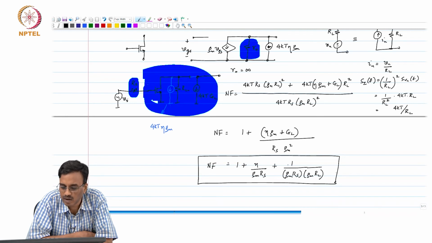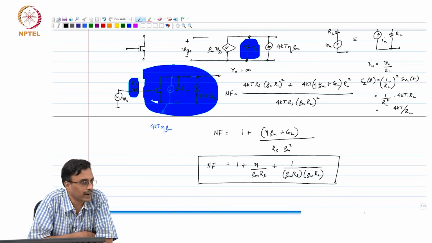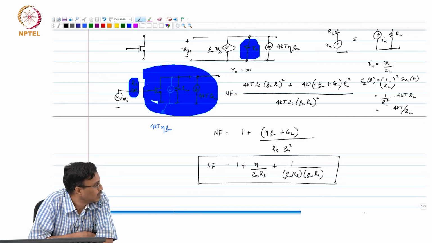Well, if RL was noiseless, the noise factor would be 1 plus η over Gm Rs.